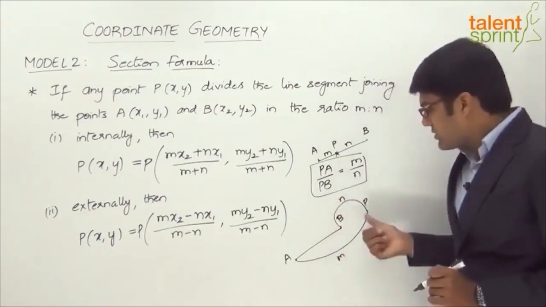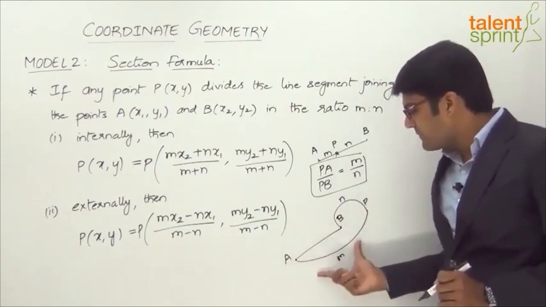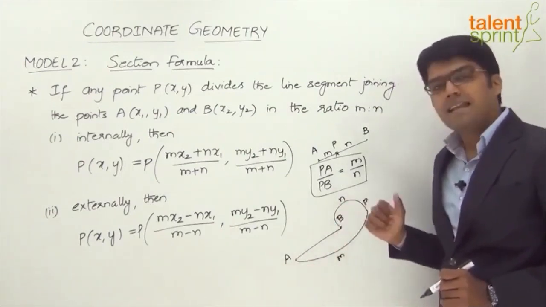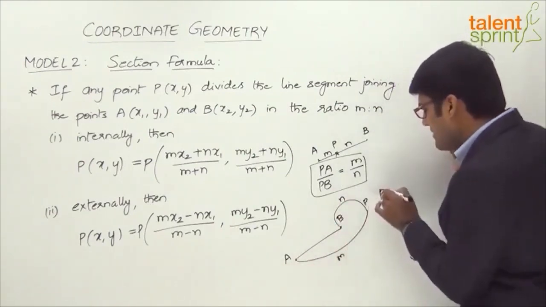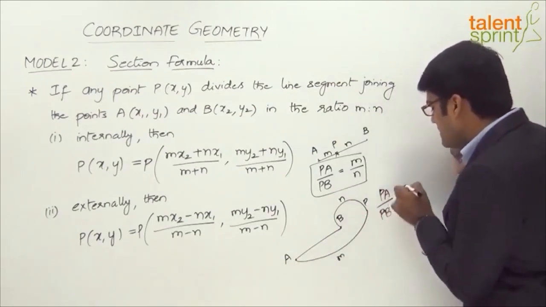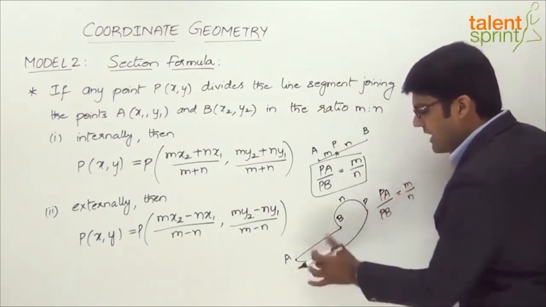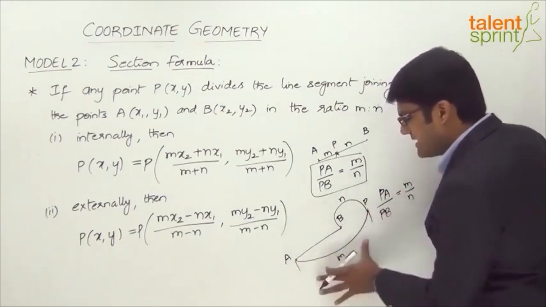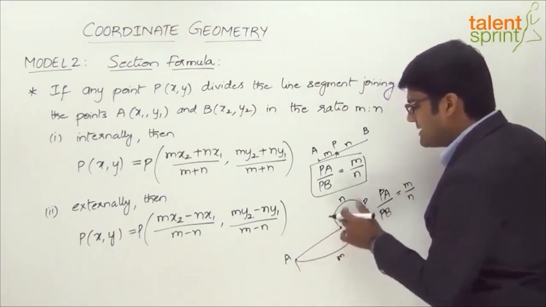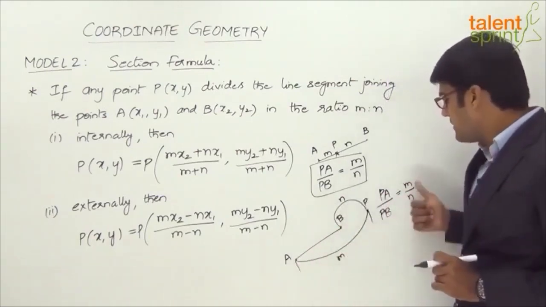Are you able to follow? So the distance from P to A is m and the distance from P to B is n. So again we say PA by PB equals m by n.